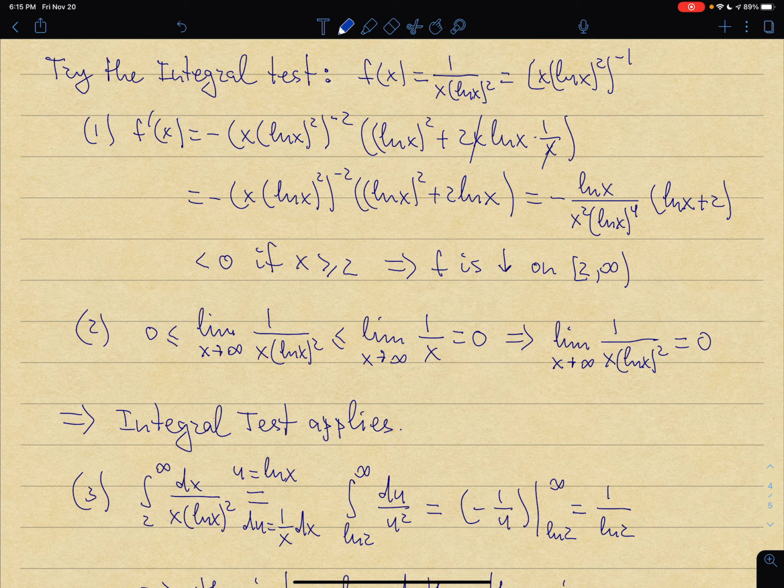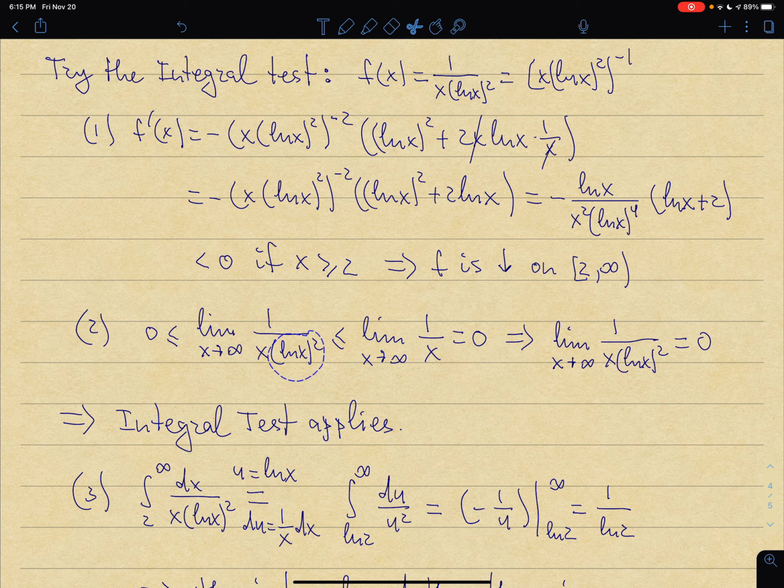So the first condition for the integral test is satisfied. Then if we take the limit of the function 1 over x times (ln x) squared, clearly (ln x) squared when x is greater than 2 is a number which is eventually going to be greater than 1 as x gets bigger.